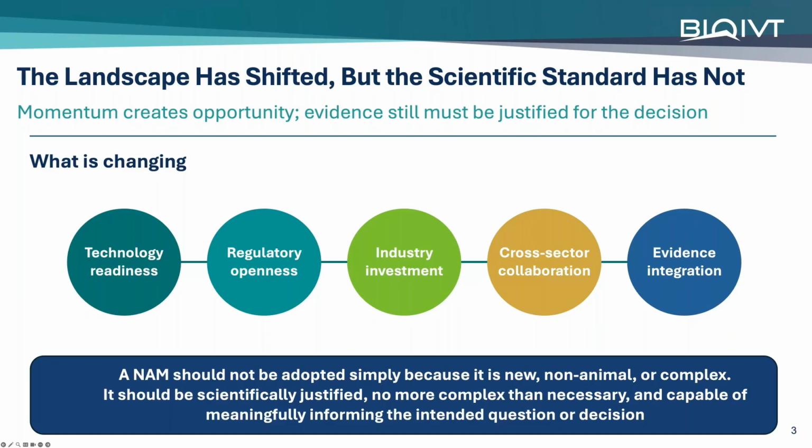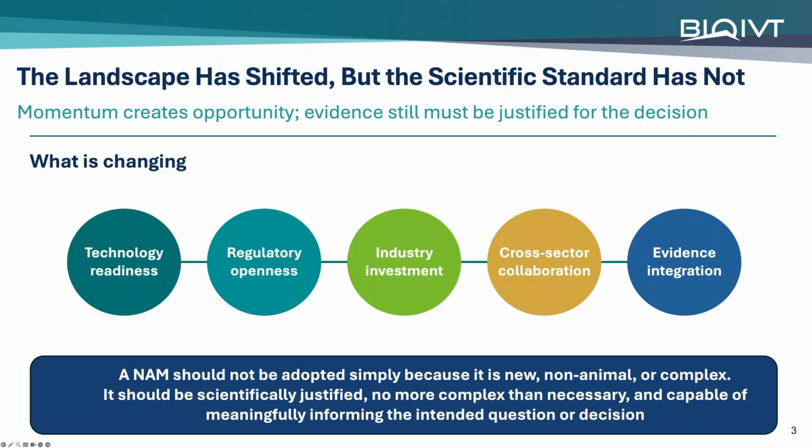A model does not become more informative simply because it's new. It's not automatically more predictive because it's non-animal. And greater technical sophistication doesn't necessarily mean greater biological relevance. You can have a technically elegant system that's poorly aligned with the scientific question.